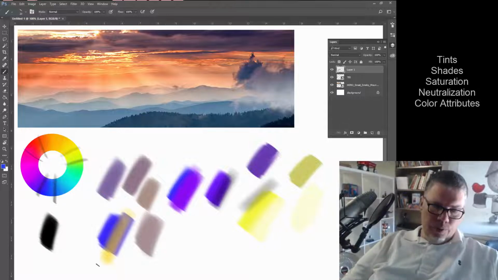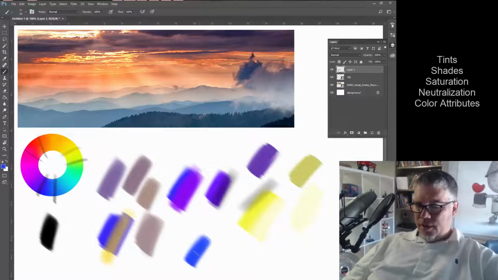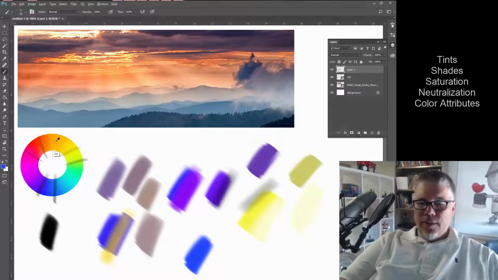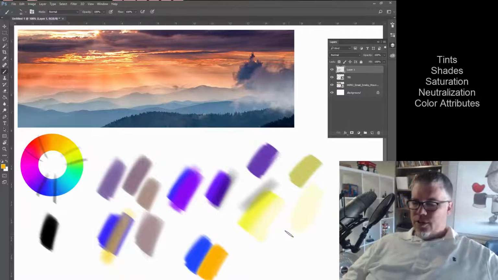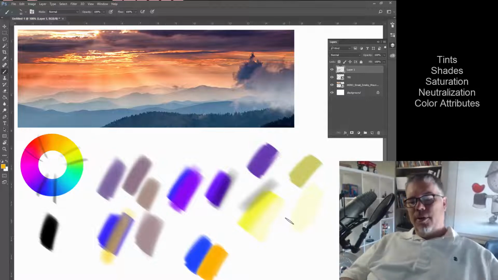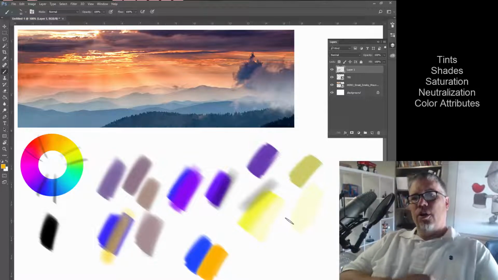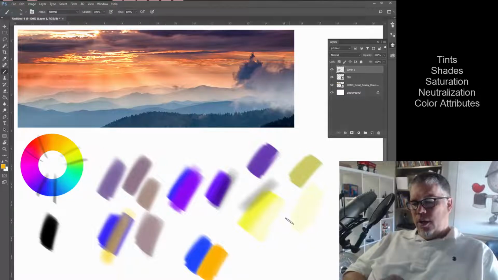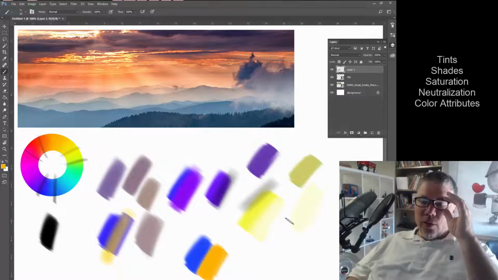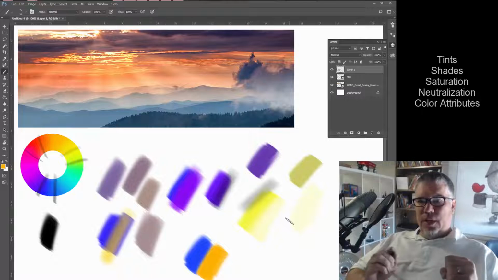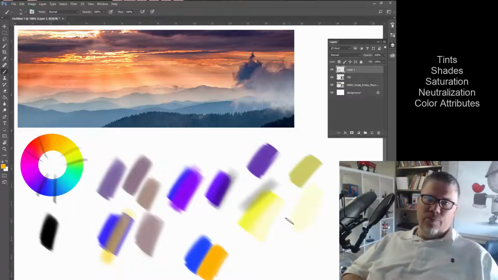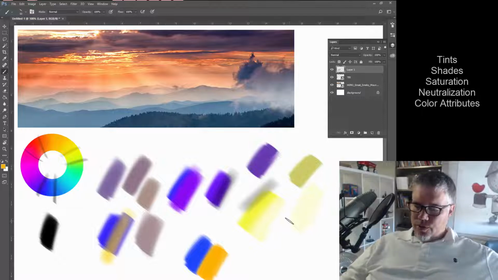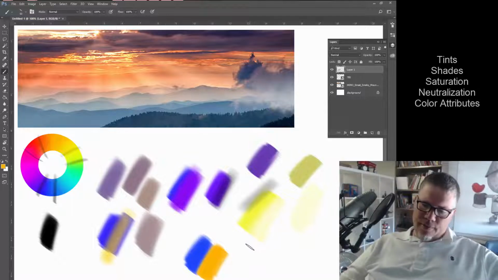So if you have blue, its opposite is never going to be a primary color, it's going to be a secondary color, right? And the interesting relationship between blue and orange is, and we're going to talk about temperature a little bit later, but blue and orange are the coolest color and the warmest color. So you can't get a greater differentiation than orange and blue. So that's an attribute that those color opposites have.